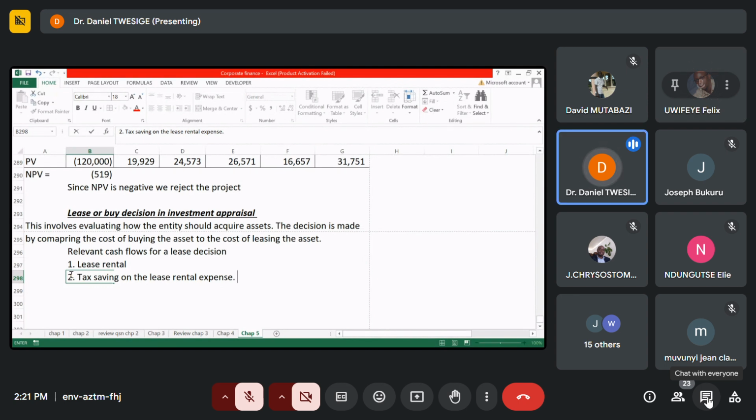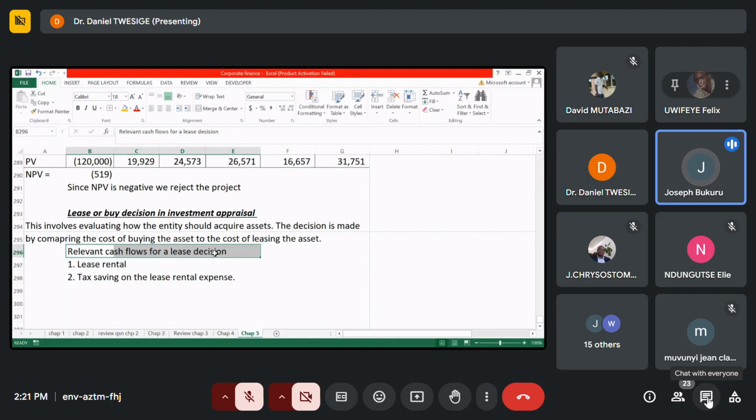Please, this only if there is a tax in the question. If there is no tax, it means you will only have one relevant cash flow, which is the lease rental. But in case you have a tax in the question, then also recognize the tax saving on the lease rental expense as a relevant cash flow. So that is in the case you are given the tax rate like 30% or 10%.